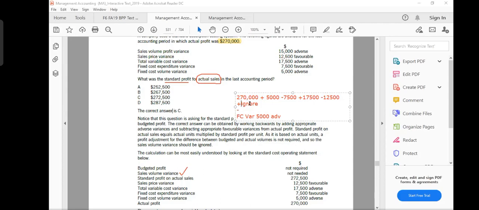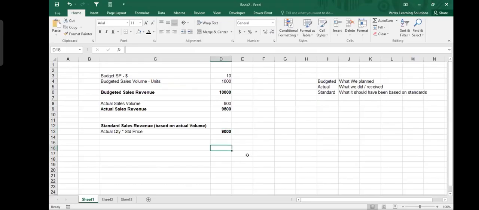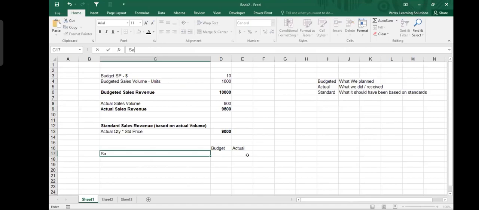I will tell you something like this. Wait, we will not stop it here because I know that this point can be illustrated better. Let's see like this. Do you people see the Excel? Yes, sir. This is my budget. This is my actual. This is my sales price. I will explain it to you.